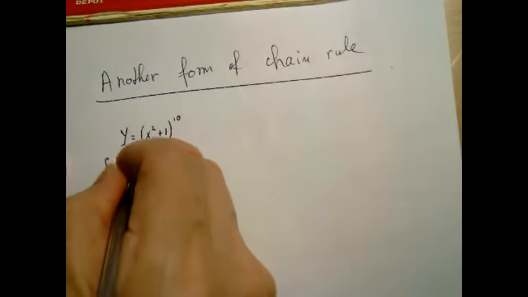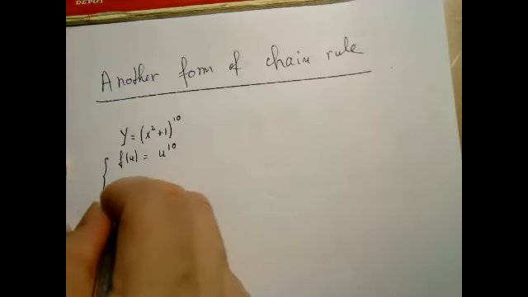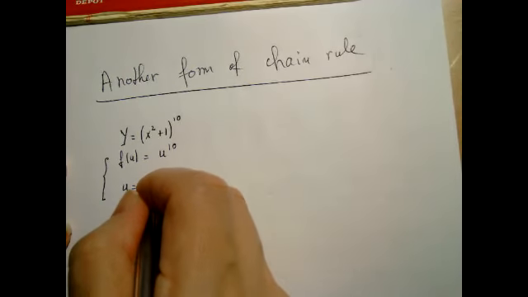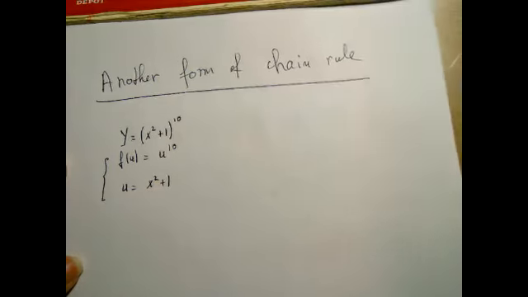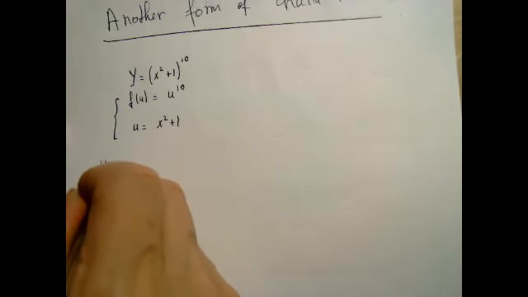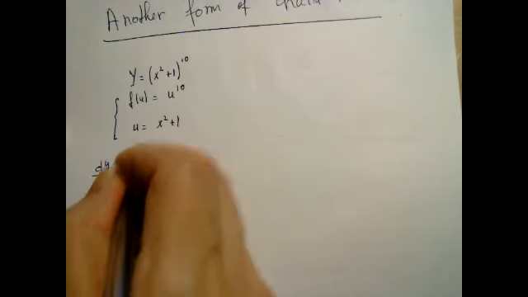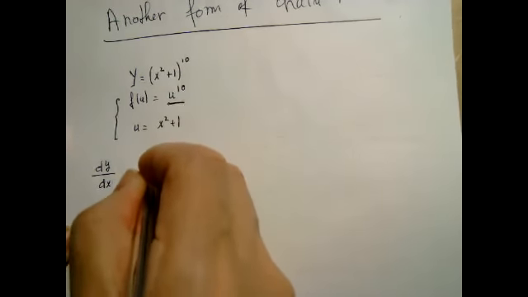We introduced the outside function, which is u to the 10, and the inside function, which we call g, x squared plus 1. My derivative, which I can call dy dx or y prime, was this piece, f prime.